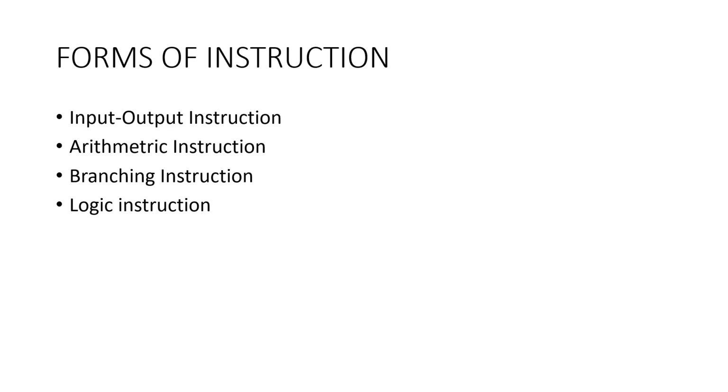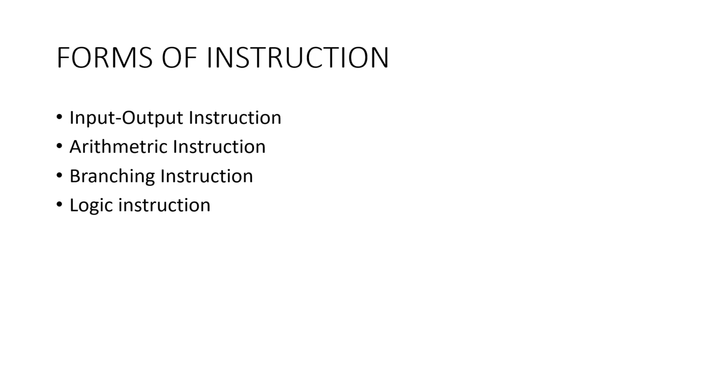The output instruction will tell the computer to move a piece of data from a computer storage location and record it to an output medium. That is the output instruction.